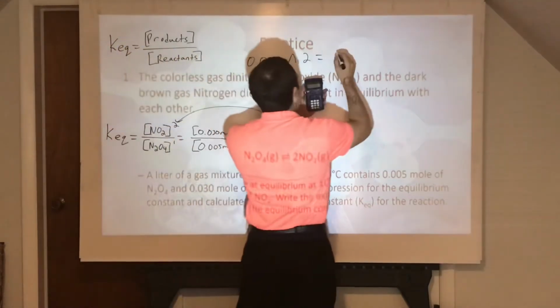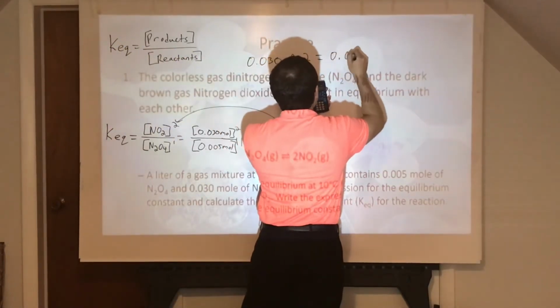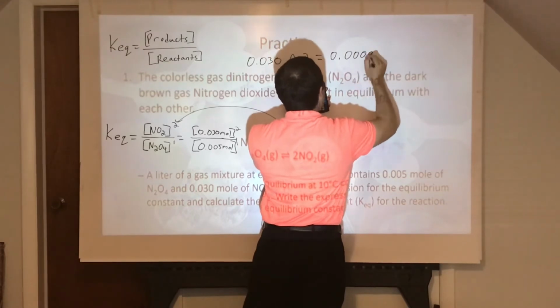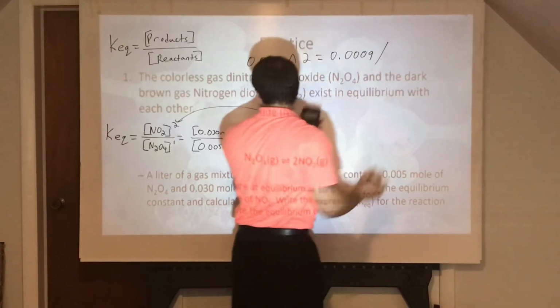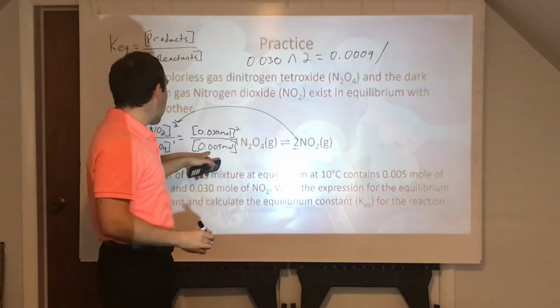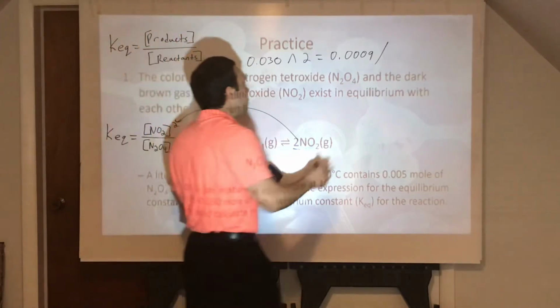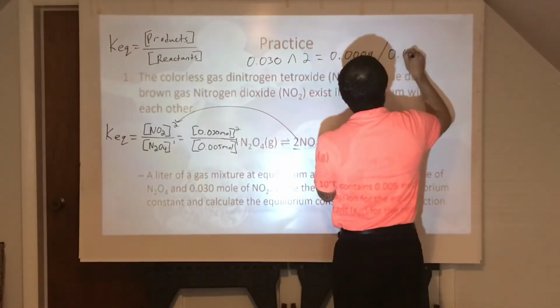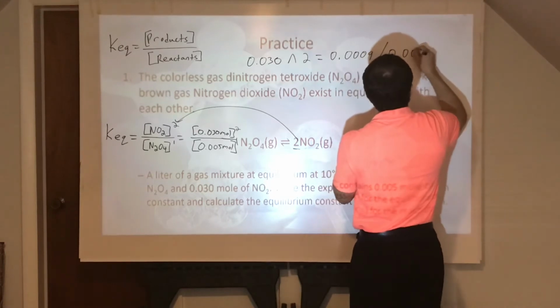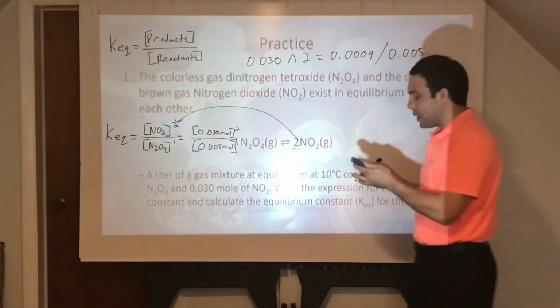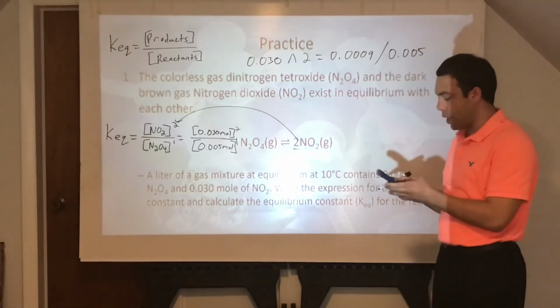We should get 0.0009 divided by 0.005 and hit enter again. Don't clear out your calculator.